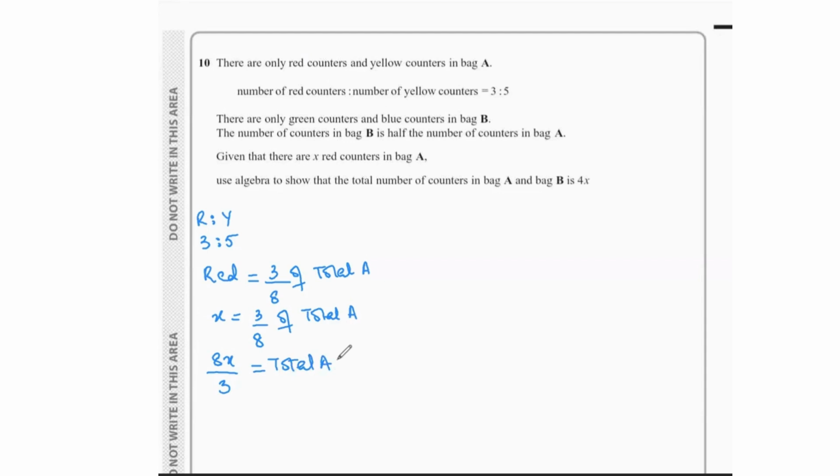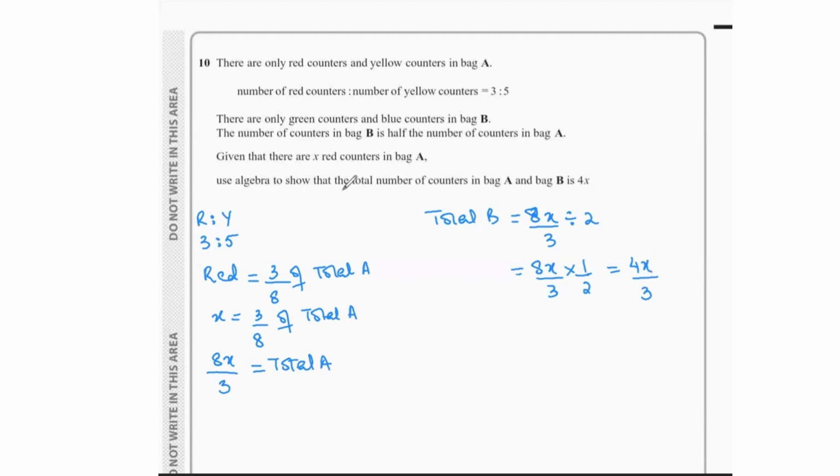Okay. The number of counters in B is half the number of counters in A. So total B is going to be 8x over 3 divided by 2, which is 8x over 3 times 1 over 2, and that is 4x over 3.